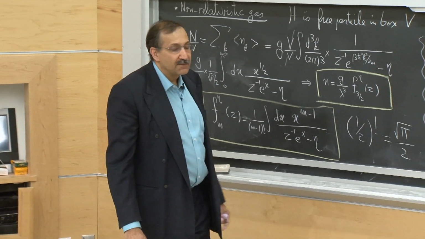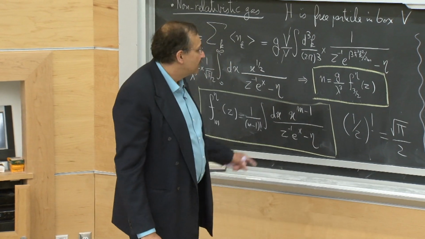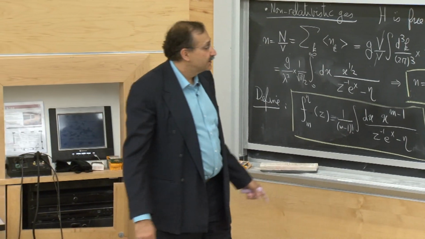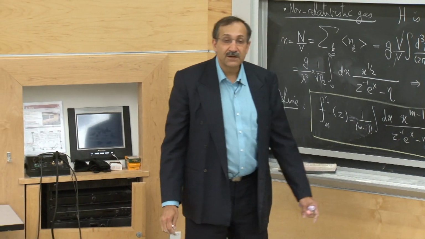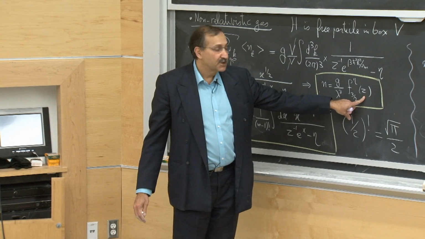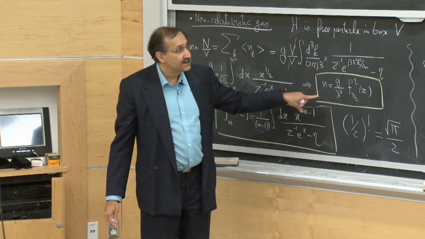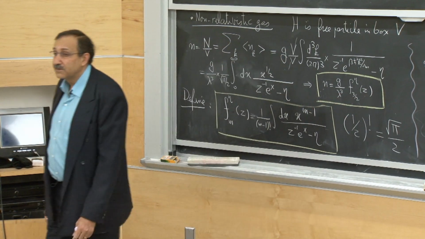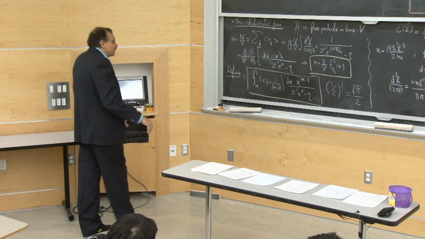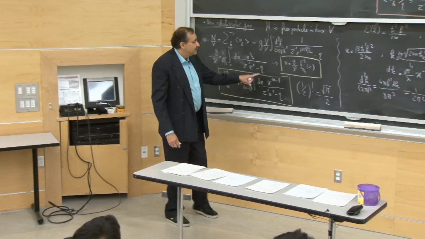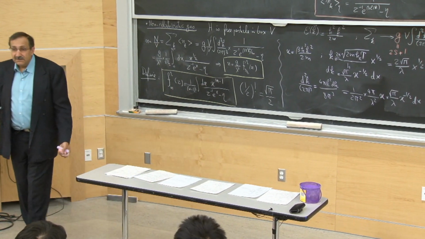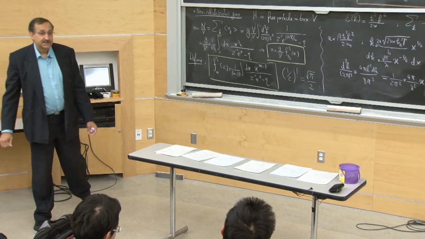In some sense, we have solved the problem because we know both density and pressure in terms of chemical potential. So all we need to do is to invert this, get the chemical potential as a function of density, insert it in the formula for pressure, and we have pressure as a function of density. But since these are kind of implicit through these f functions, we don't quite know what that means.